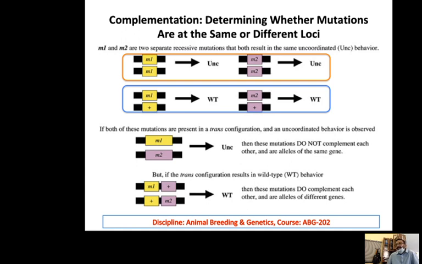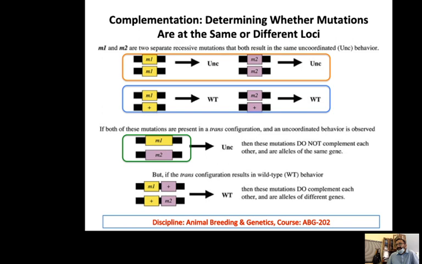Now, if both of these mutations are present in trans configuration, like here, M1, M2, and uncoordinated behavior is still observed, then these mutations do not complement each other and are alleles of the same gene.